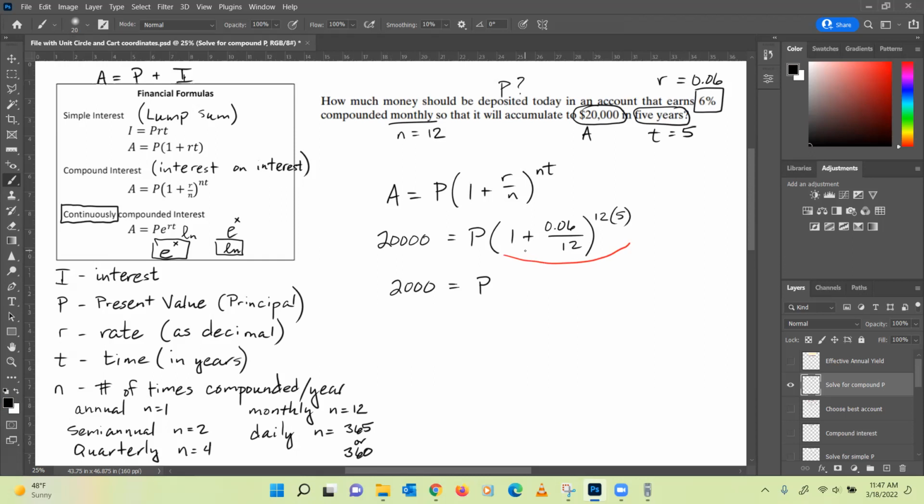And I'm going to raise that to the 12 times 5 power. It might be just as good to do 12 times 5 and recognize that's 60, and then raise it to the 60th power. Then you might avoid some errors potentially. But I have this equaling 1.34885.